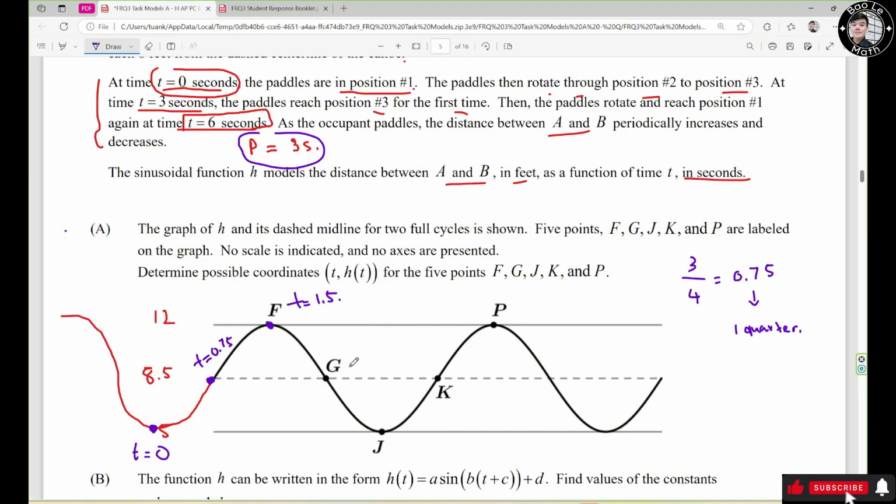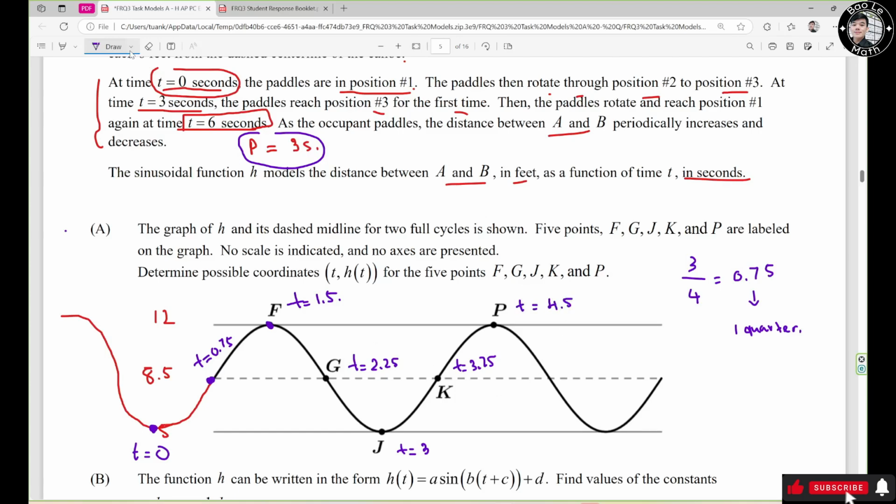Now next one, you keep adding 0.75. So this one, t equals 2.25, right? And point J right here, t equals 3. Point K right here, t equals 3.75. And point P right here, t equals 4.5.